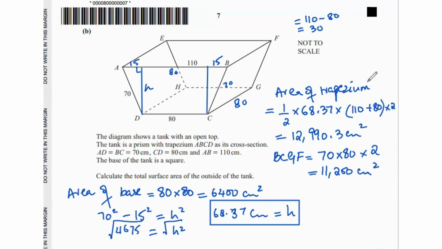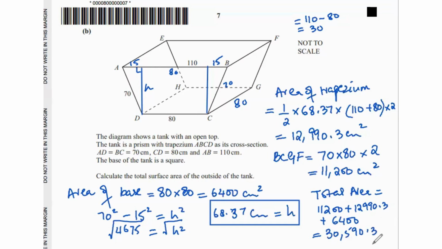So now we can just add these up. Total area would be 11,200 plus 12,990.3 plus 6,400. And that gives us 30,590.3 centimeters squared. That is the total surface area of the outside of the tank.